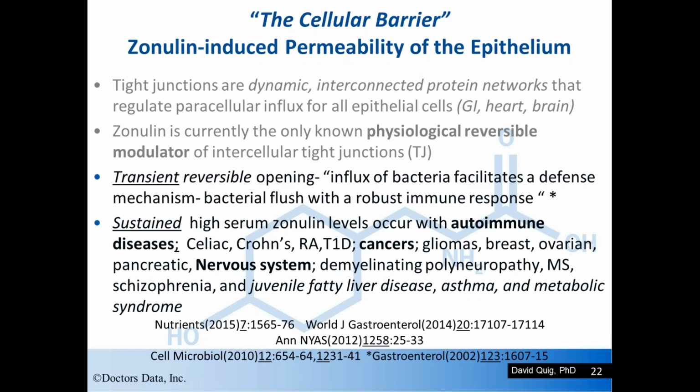However, with sustained breakdown of the tight junctions, as we see with high serum zonulin levels, it's associated with autoimmune diseases such as celiac, Crohn's disease, rheumatoid arthritis, type 1 autoimmune diabetes, as well as cancers such as gliomas, breast, ovarian, and pancreatic cancers, and problems in the nervous system, such as demyelinating polyneuropathy, multiple sclerosis, schizophrenia, and even juvenile fatty liver disease, which is all too prevalent in North America in our chubby little adolescents that are not running around, and also asthma and metabolic syndrome.